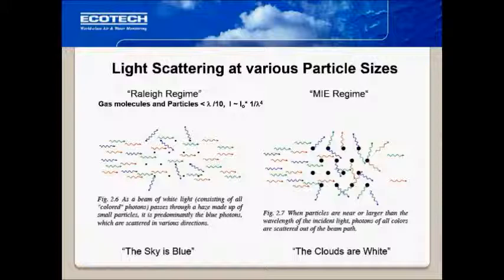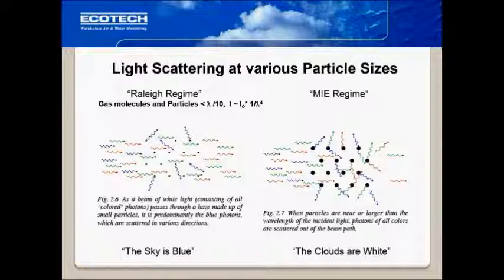Since the optical spectrum has different wavelengths, the scattering ability is higher for the shorter wavelengths. In other words, the blue wavelengths get scattered more than the green or the red wavelengths.